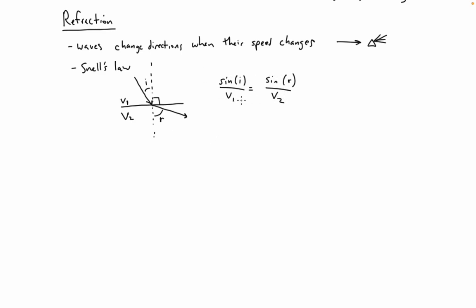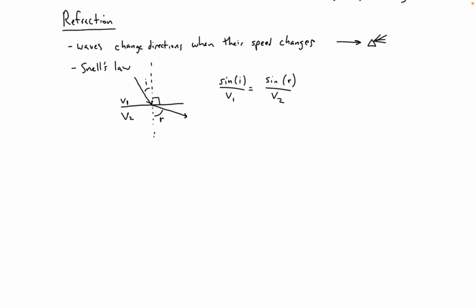So obviously if the velocities of the two are the same, I and R will be the same. Where the velocity is not changing, the light or any old wave will just continue going in the same direction. It's the change in velocity that induces this change in direction.